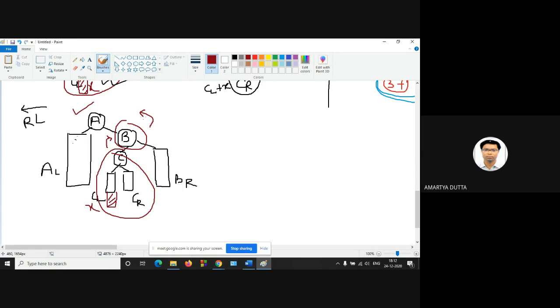Then there will be an RR rotation, so that C is the root.